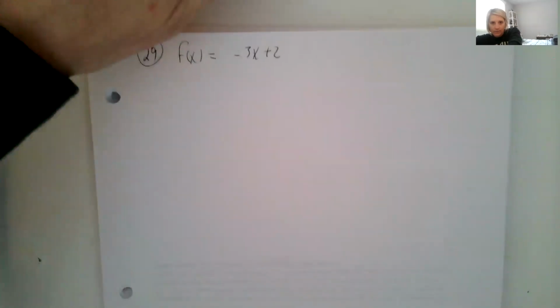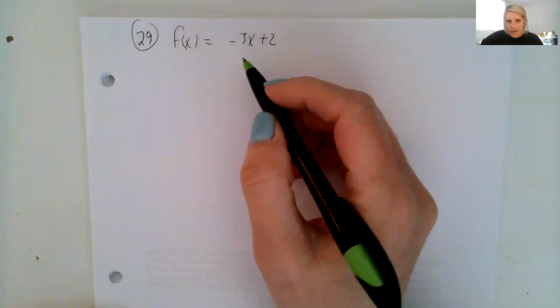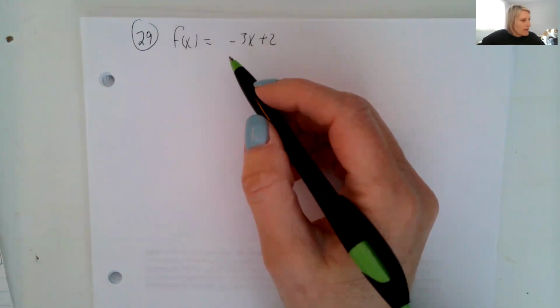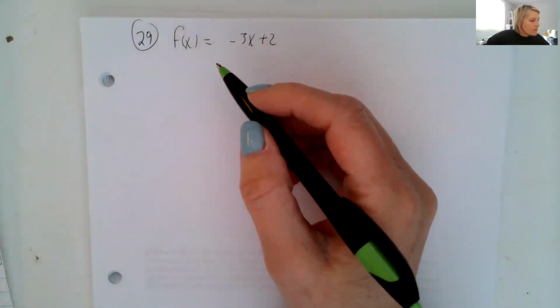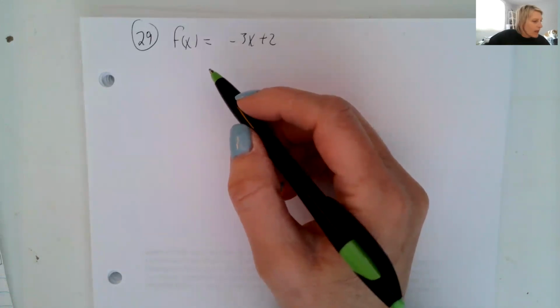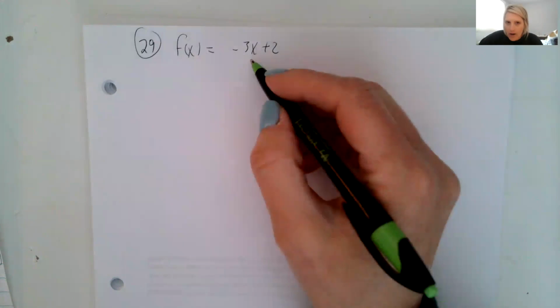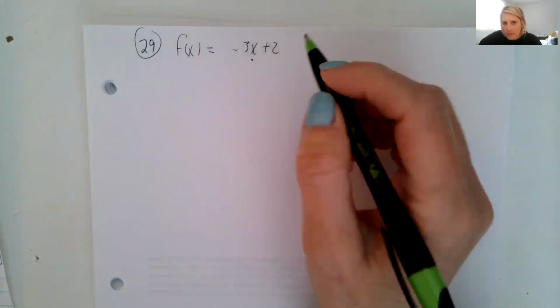So we could graph this function and we could tell, but we can see that if we put in any number for x, we will get a different number for y.